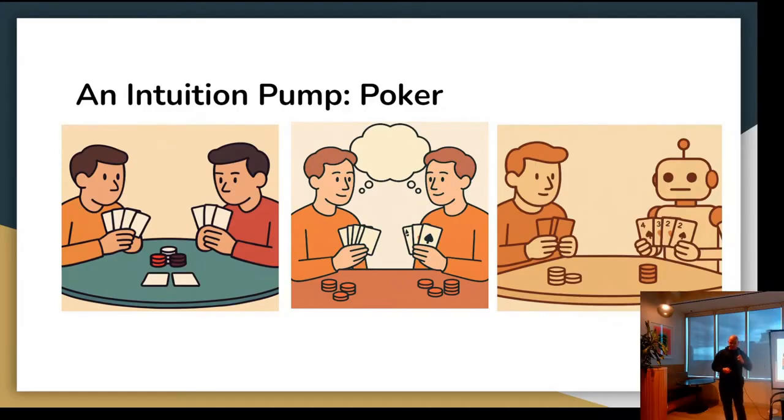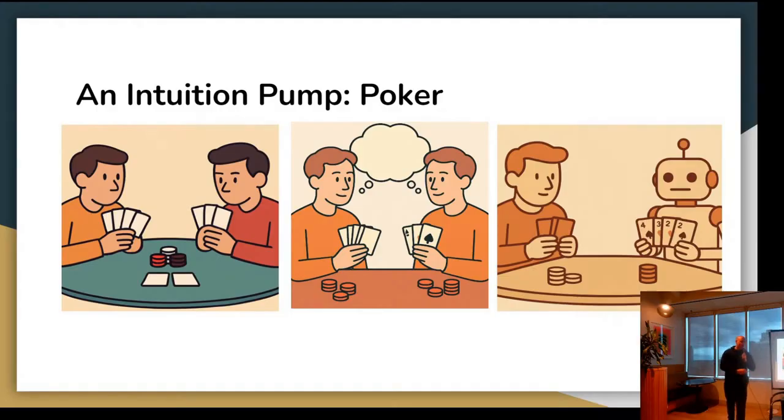I'm not sure that this intuition pump has enough water pressure to get all the way to reality in this case. I think the ultimate goal, so first, there's a bunch of assumptions behind this, right?